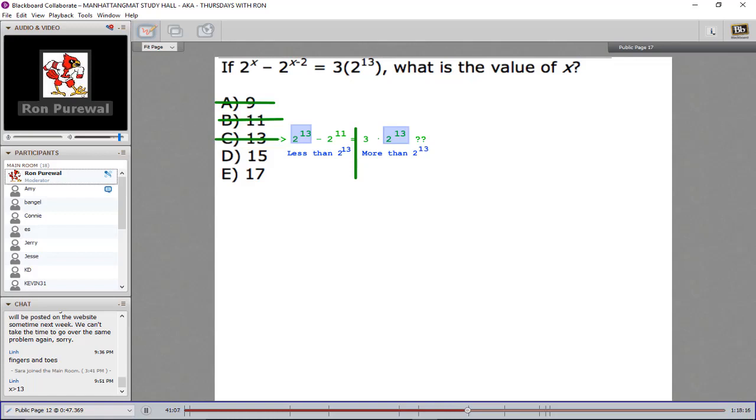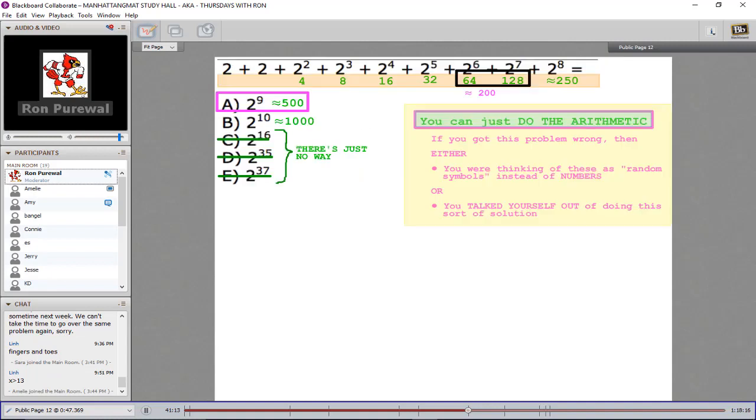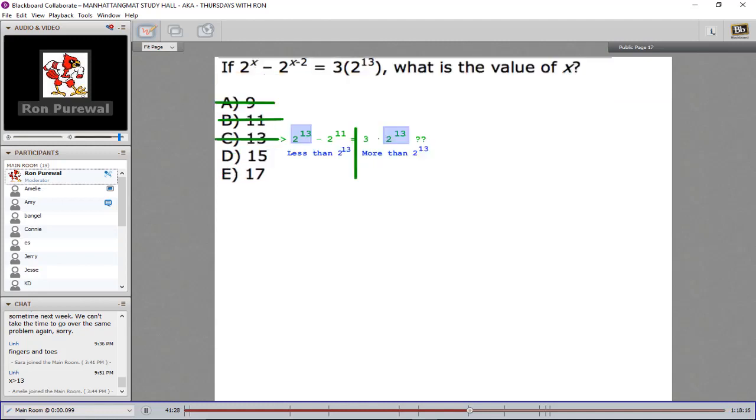Again, it's like I said about that first problem. Where was that problem? This one right here. This happens, right? People get into this frame of mind where these numbers are not even numbers anymore, and they're just thinking about them as stupid symbols that don't even mean anything. If you picked either A, B, or C on this problem, that's the frame of mind you were in.